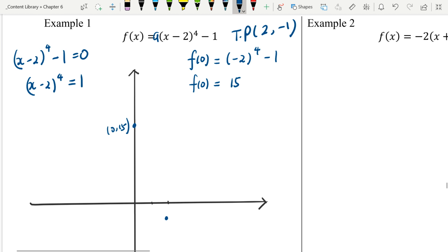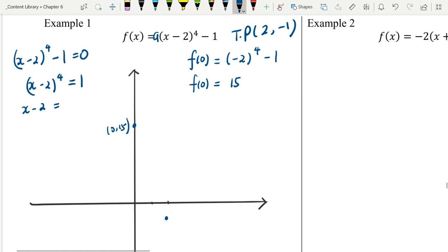So same as x squared equals to 4, x can be plus 2 or minus 2. So power 4 has a similar property. You will have plus or minus, because you times 2 four times or negative 2 four times, you get the same solution, 16. So therefore, for any even power, when you take the even root, you will have plus minus. So what must x minus 2 be?